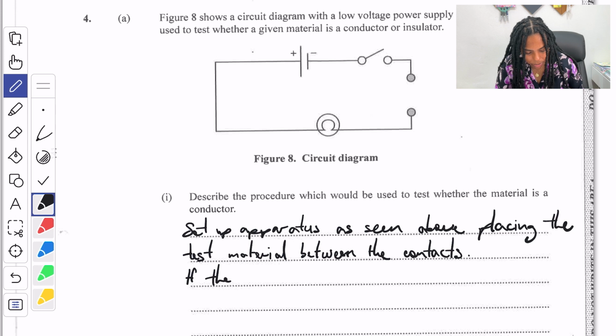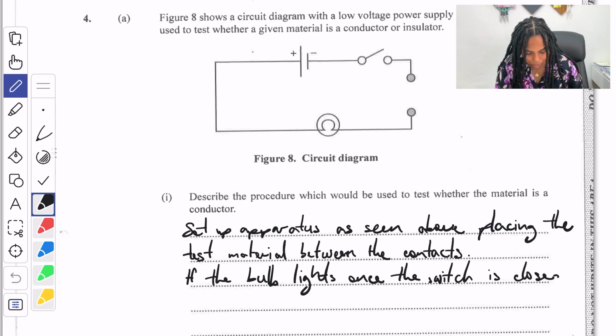If the bulb lights once the switch is closed, it is a conductor.